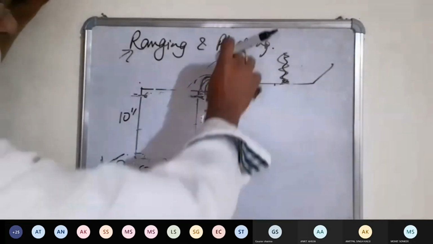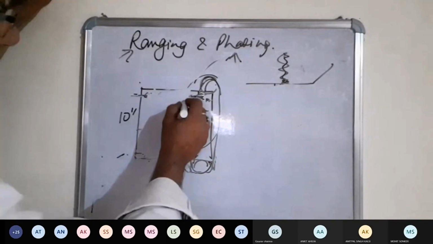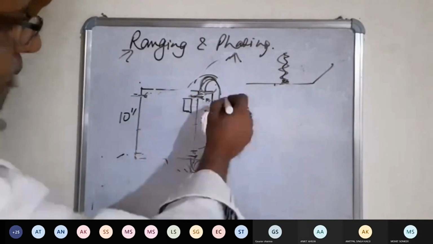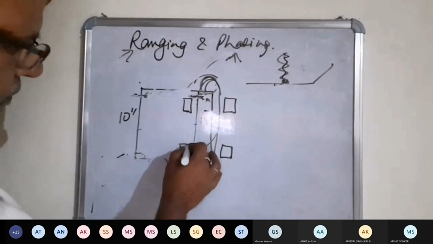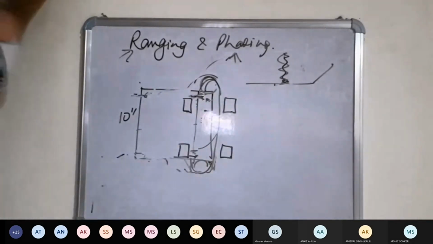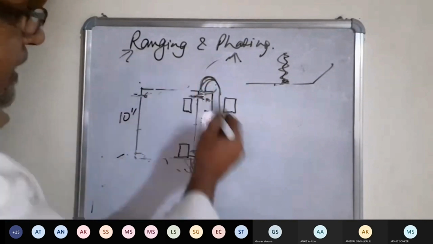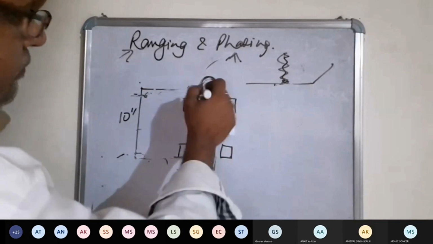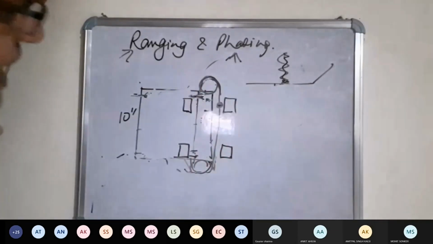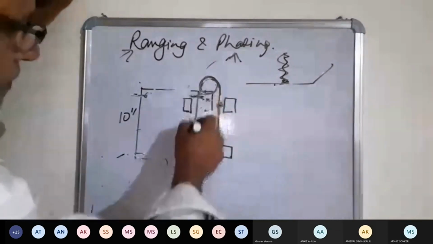What do we do for phasing? We place sensors around the belt. There are sensors placed around the belt, and on the belt itself there is a magnet which is installed.